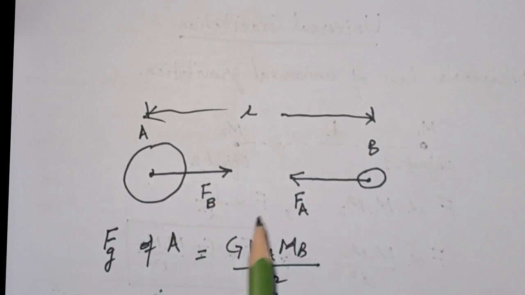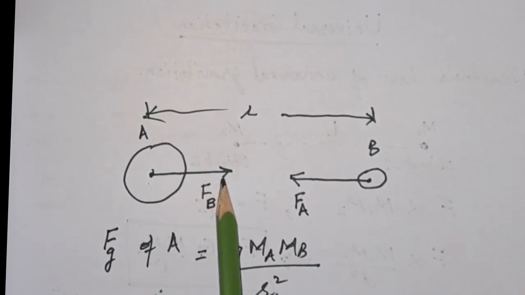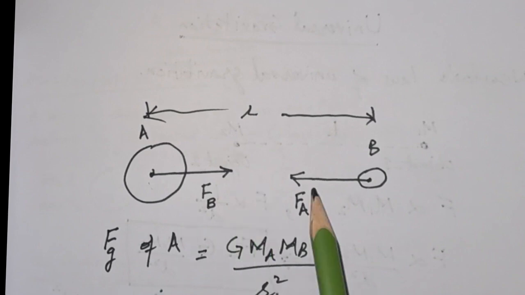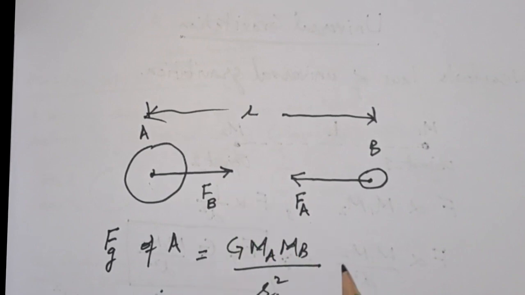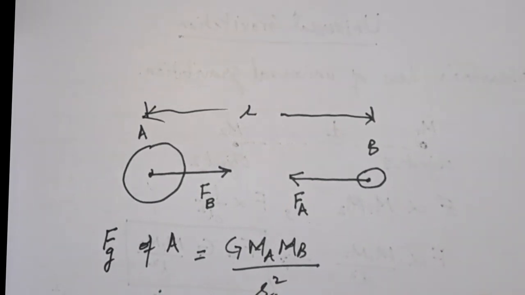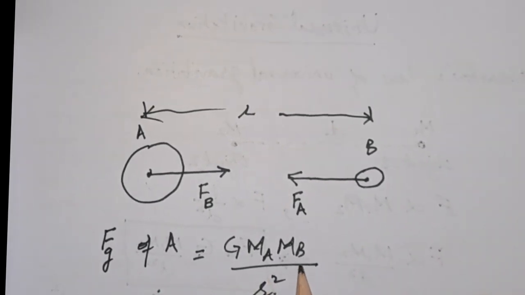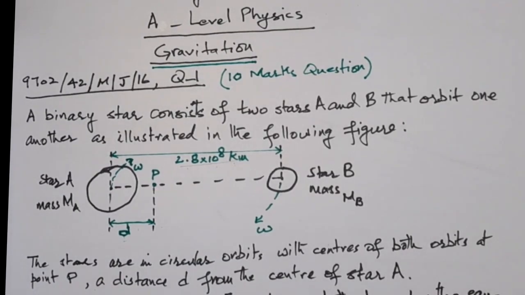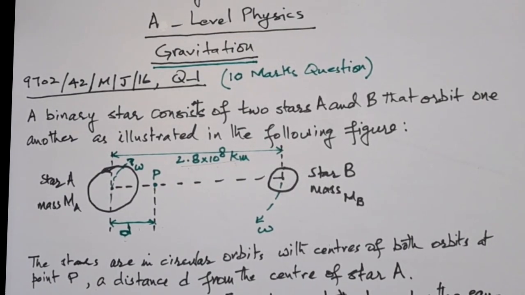Just look at this, the direction of the forces is opposite, but the formula to calculate the forces will be the same, that is G m1 m2 over the total distance square, which I have written on the other page, which I'll show you later when we are calculating the force.